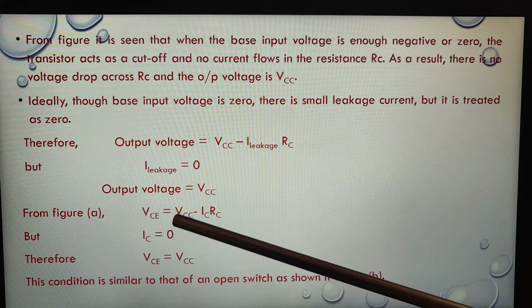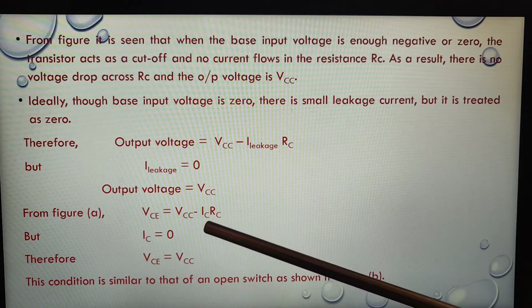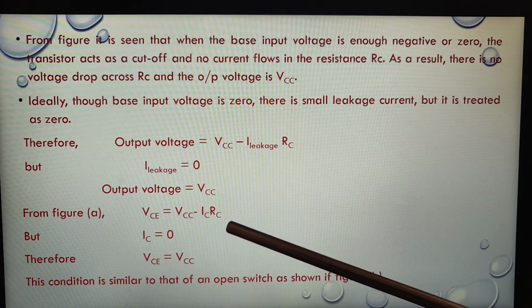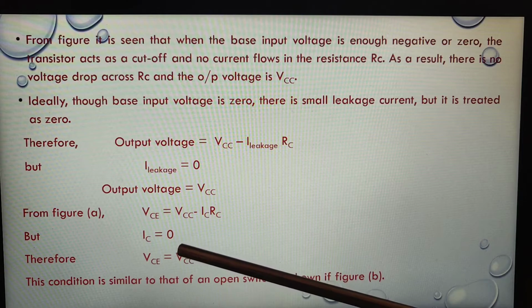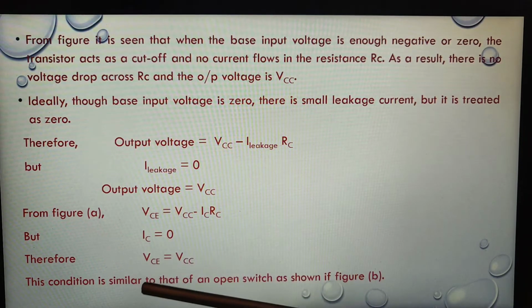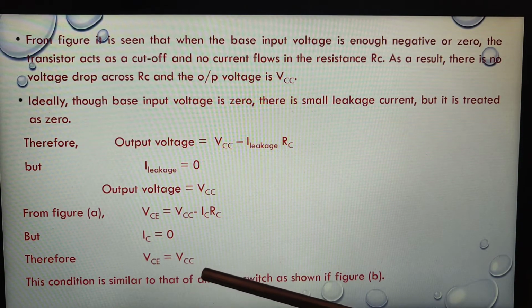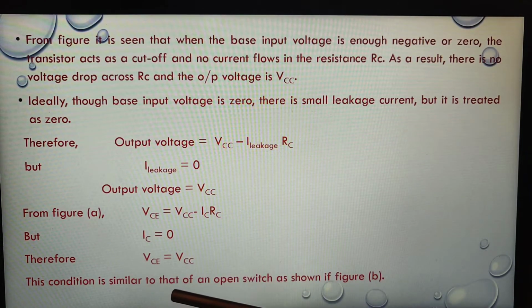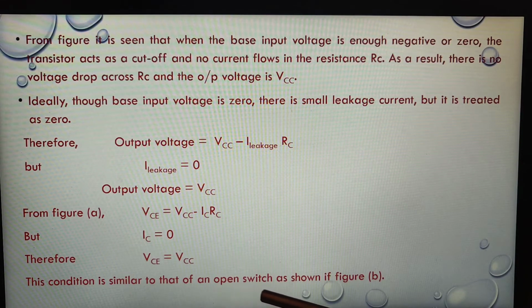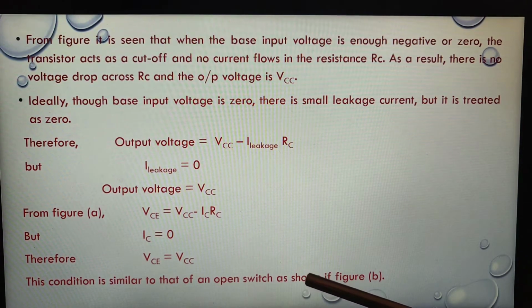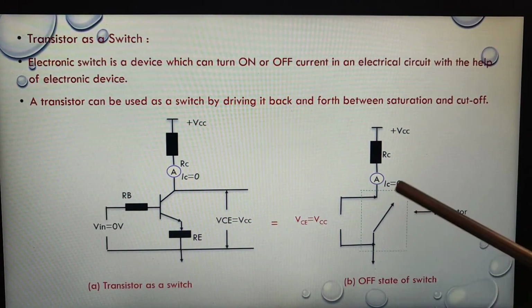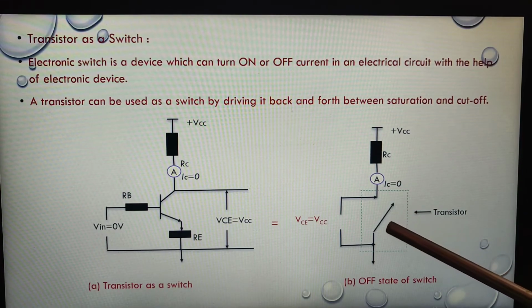From figure A, VC equal to VCC minus IC RC, right? But IC equal to 0. Therefore, VC equal to VCC. This condition is similar to that of an open switch as shown in figure B. That means figure B is here and here is an open switch.